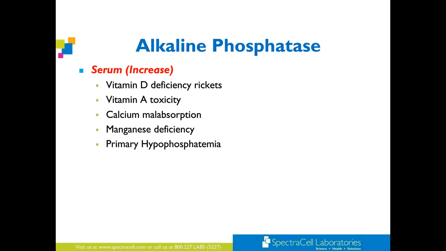Here's an increase here with vitamin D deficiency and rickets. We have vitamin A toxicity, which could cause that, of course, calcium malabsorption, manganese deficiency, and, of course, primary hypophosphatemia could also do that. So, once again, there are other conditions that can cause an increase in alkaline phosphatase and other pathologies, but I tried to relate it all to nutritional status at this point.